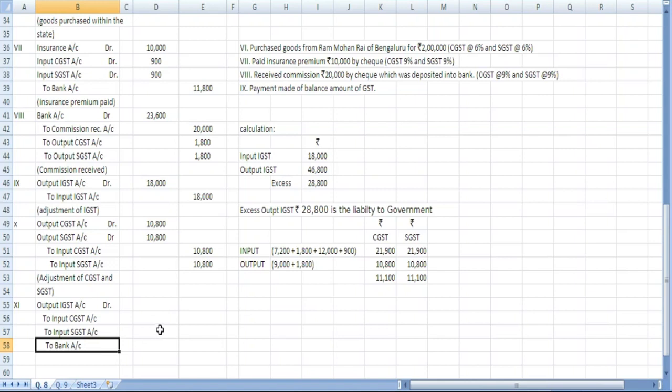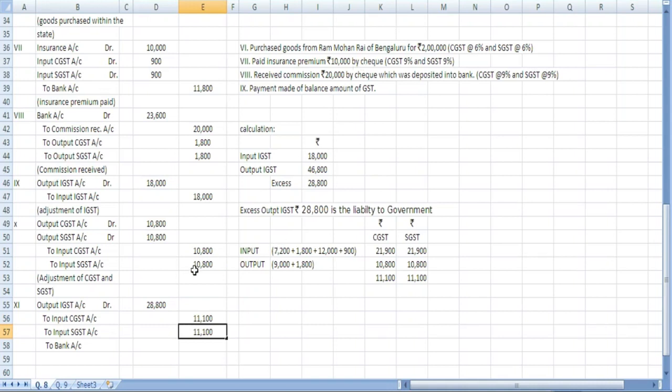So here the output IGST, the excess was 28,800. And how much is the excess that we will settle here? 11,100 and 11,100.